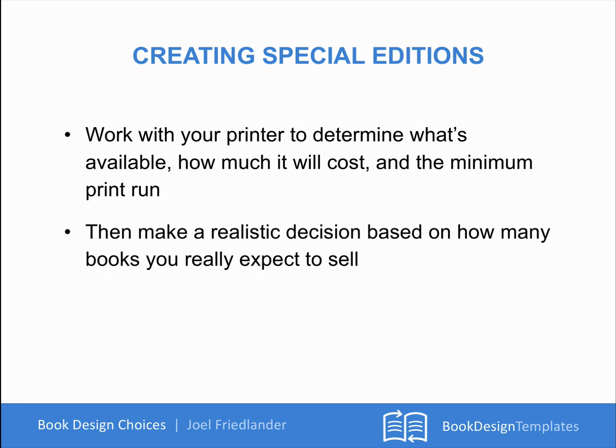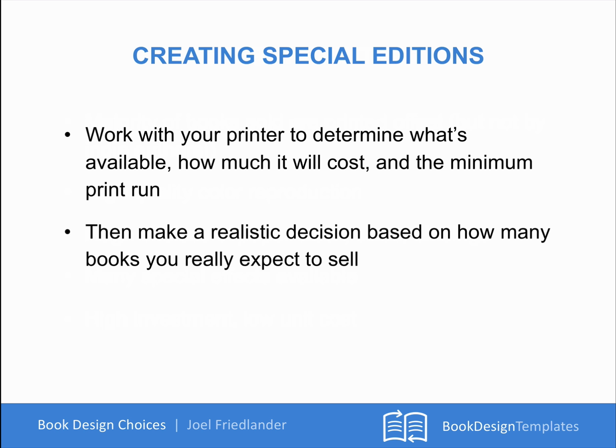Now, one of the great things about offset printing and all the choices they offer you is it gives us an opportunity to create something really special. Like if you've been publishing books yourself for a couple of years, maybe you're getting tired of those print-on-demand paperbacks. You got the color cover, you got the interior, bang, that's it. You could change from 6x9 to 5x7, but there's just not a lot available.